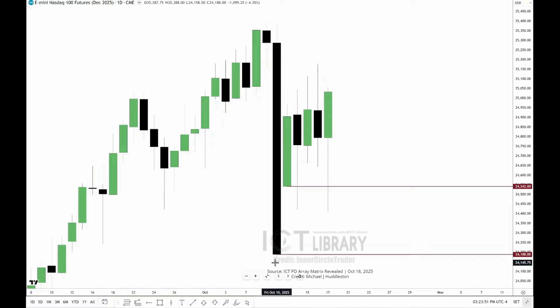Those two price points, you have to have those mapped out on your chart. Price need not fill in that gap the day it forms, or even the week that it forms. It could do it weeks later. Just because they gap doesn't mean they must fill right away.